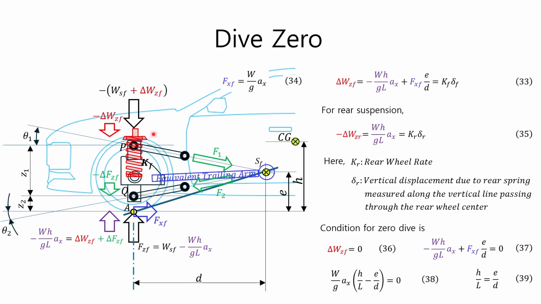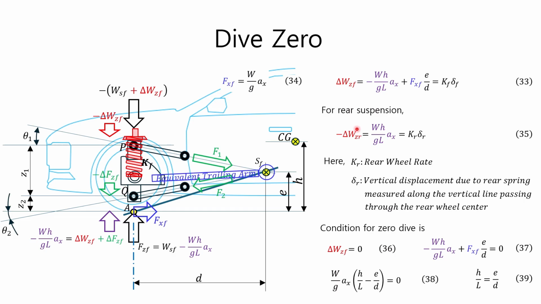The front spring displacement relative to the line passing vertically through the front wheel centers was calculated using equation 33, and the rear spring displacement relative to the line passing vertically through the rear wheel centers can also be calculated from equation 35 using the previously calculated vertical dynamic load of the rear springs, delta WZR.